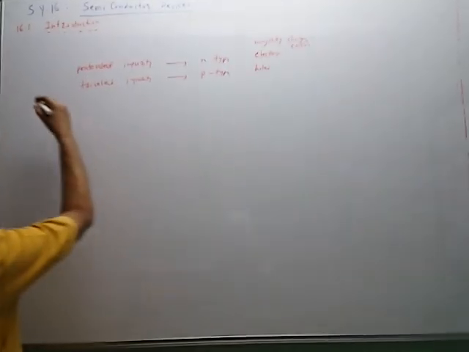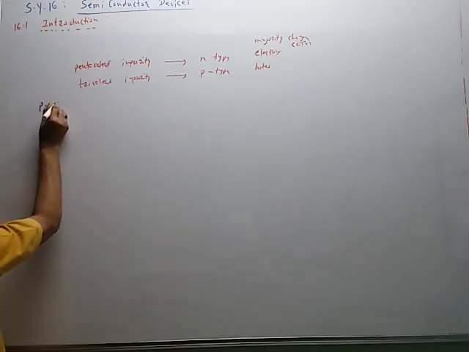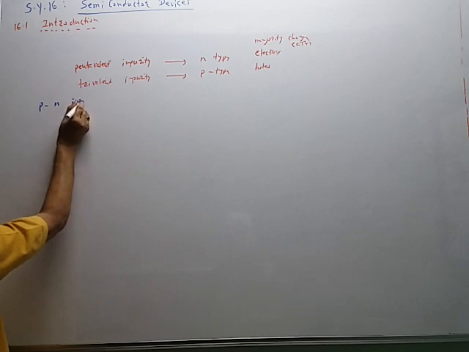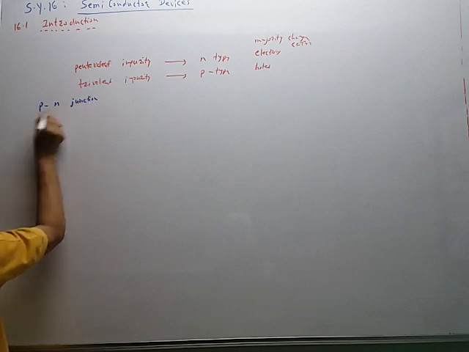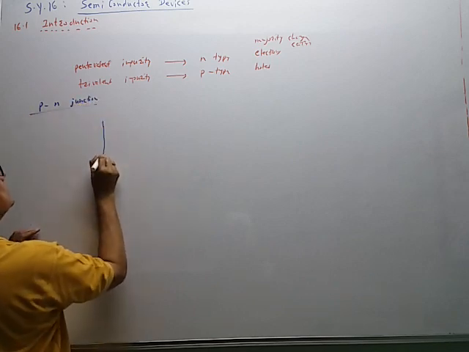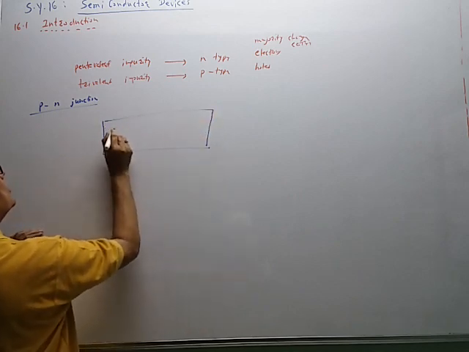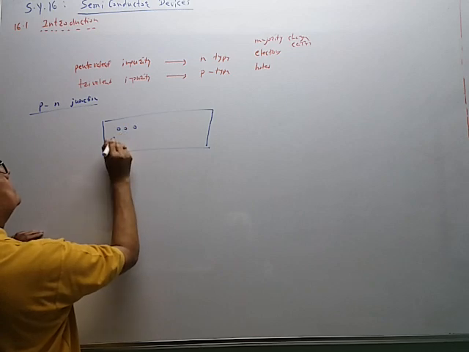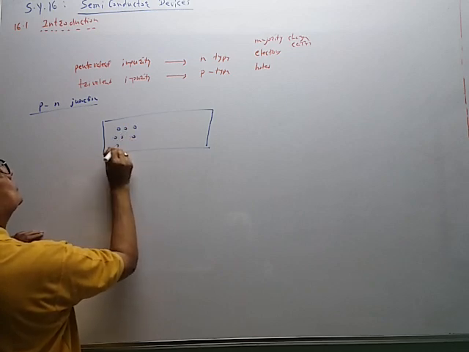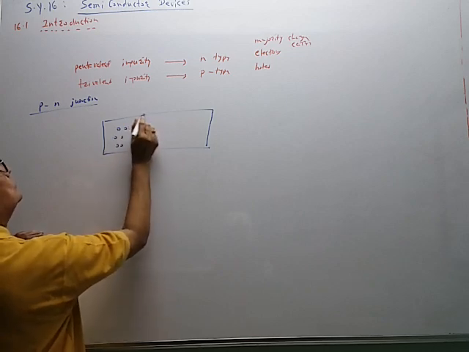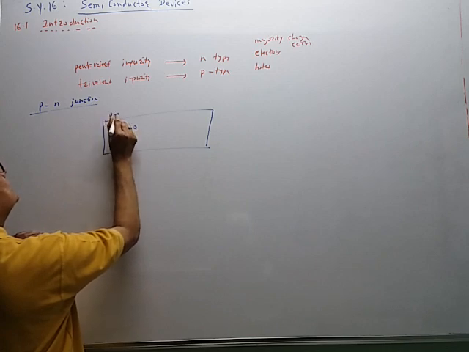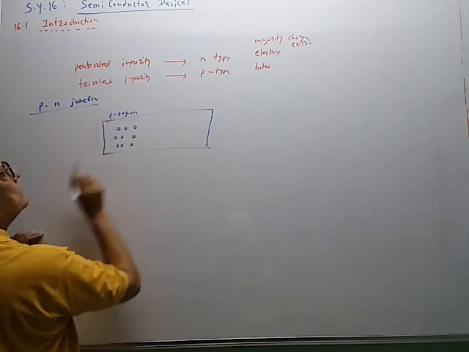So we know the arrangement or construction of PN junction. If this is a germanium substance, then part of it is doped with trivalent impurity. So there are holes. So this region has the property of p-type semiconductor. It is a p region.